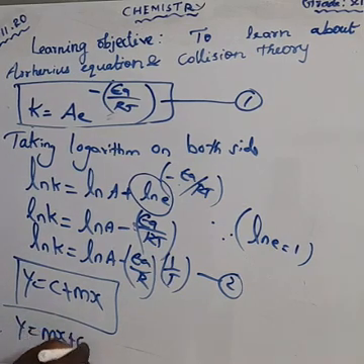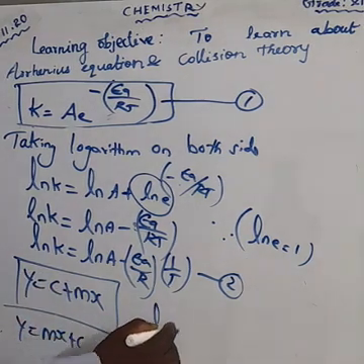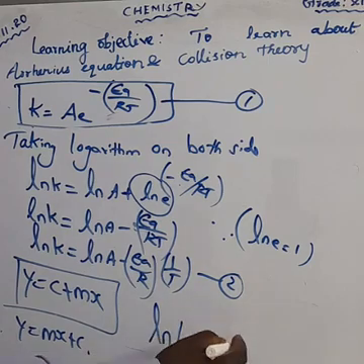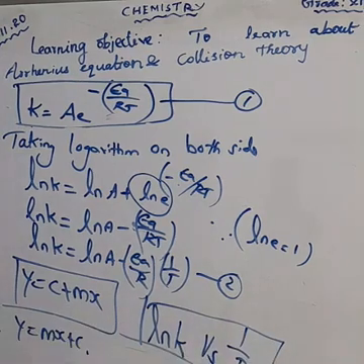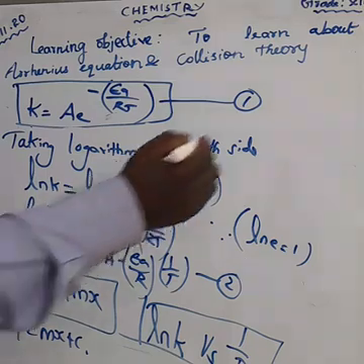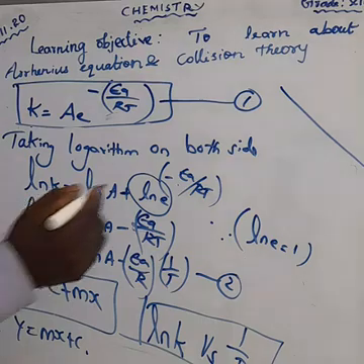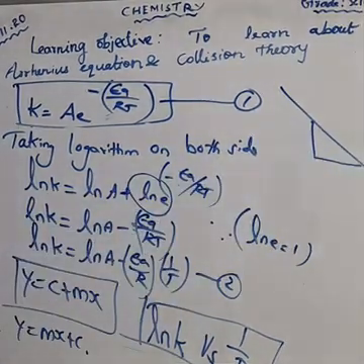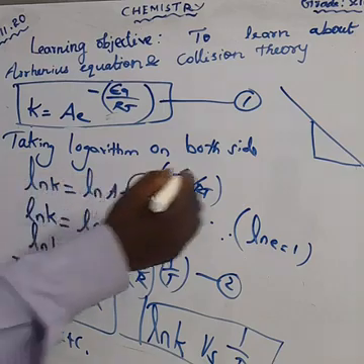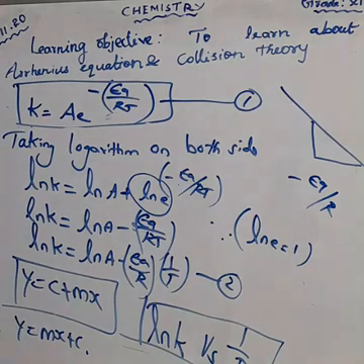When we plot ln K versus 1 divided by T, we get a straight line with a negative slope, that is minus EA by R.